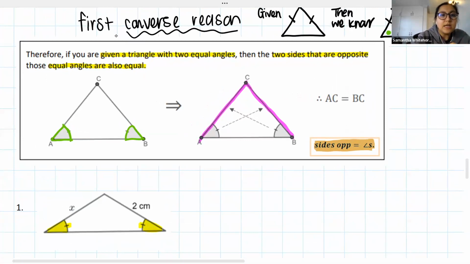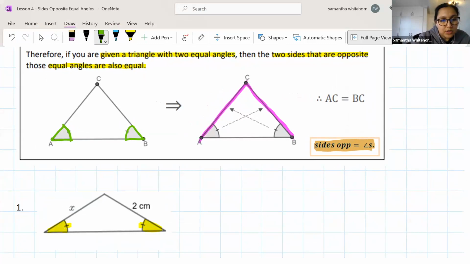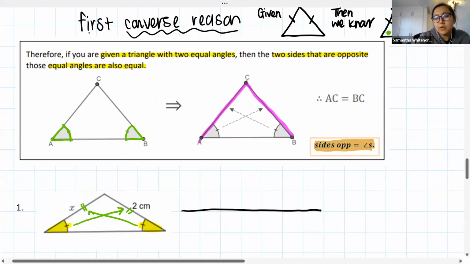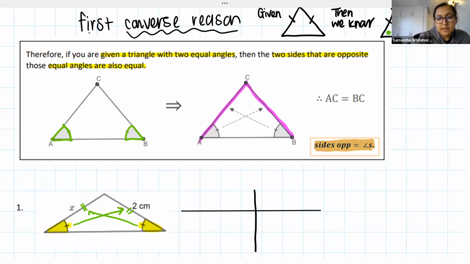And because they are equal to each other, I know that the two sides opposite them have to be equal as well. And so without doing any sort of calculation here, I can immediately go and say what x is.